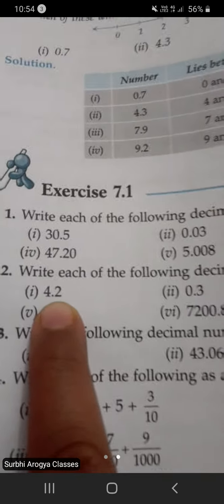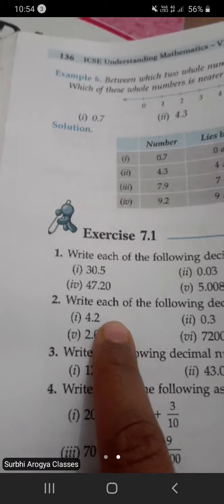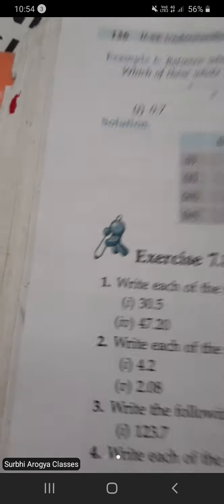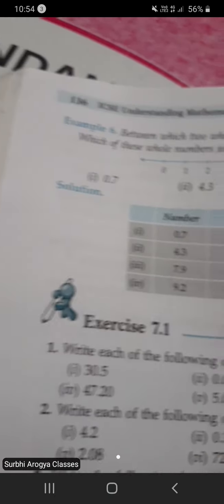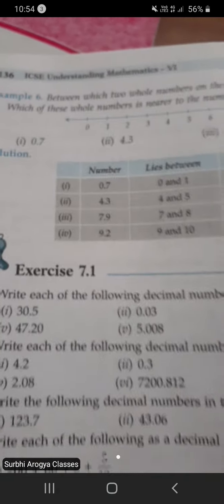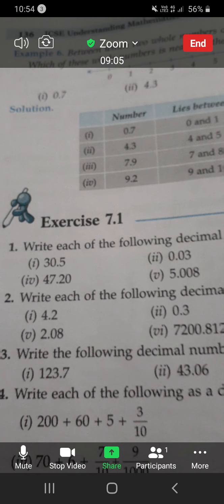That point is called the decimal point, and this point denotes that the numbers on the right side are smaller than the unit place. Children, 4 is in the unit place, and 2 is 10 times smaller than 4, and so on. Children, if there are 3 digits, then the numbers are becoming smaller. Okay children.